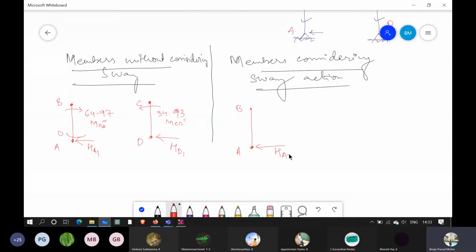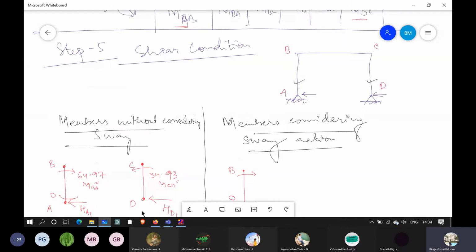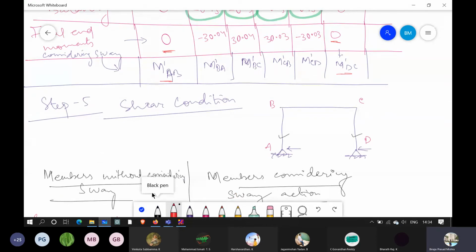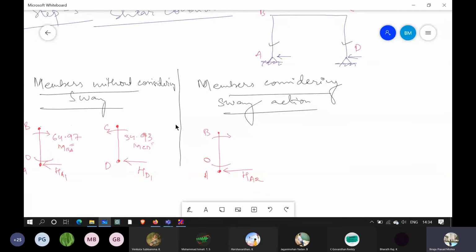Similarly, here we will have HA2, and here it is again 0, and this is minus 30.04. If it is minus, let us consider it in this direction.